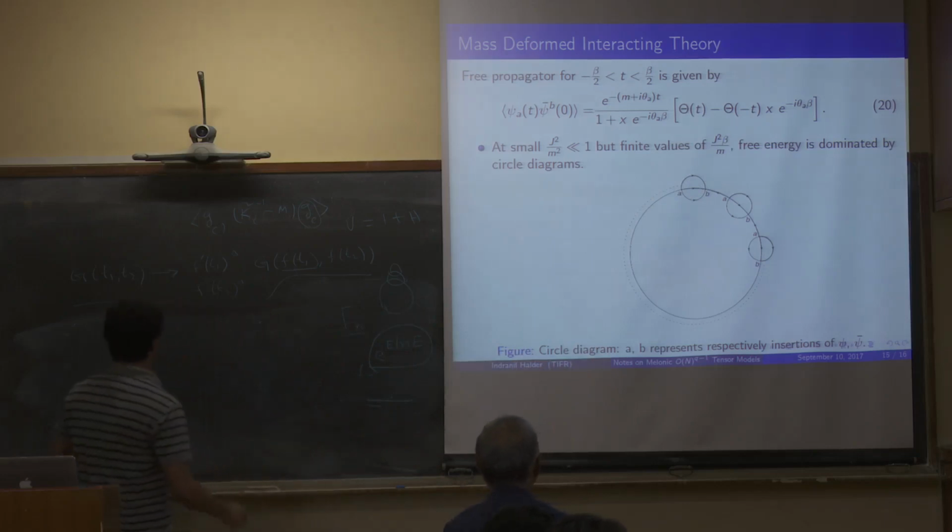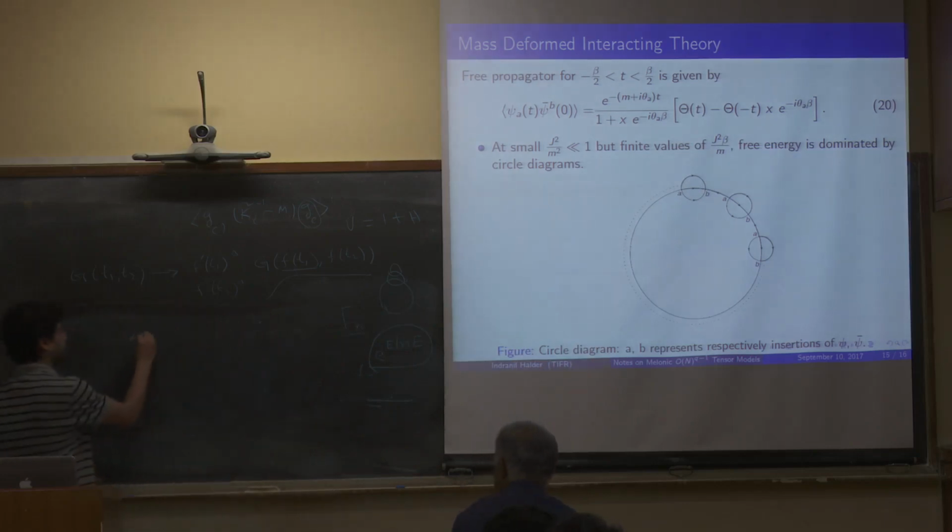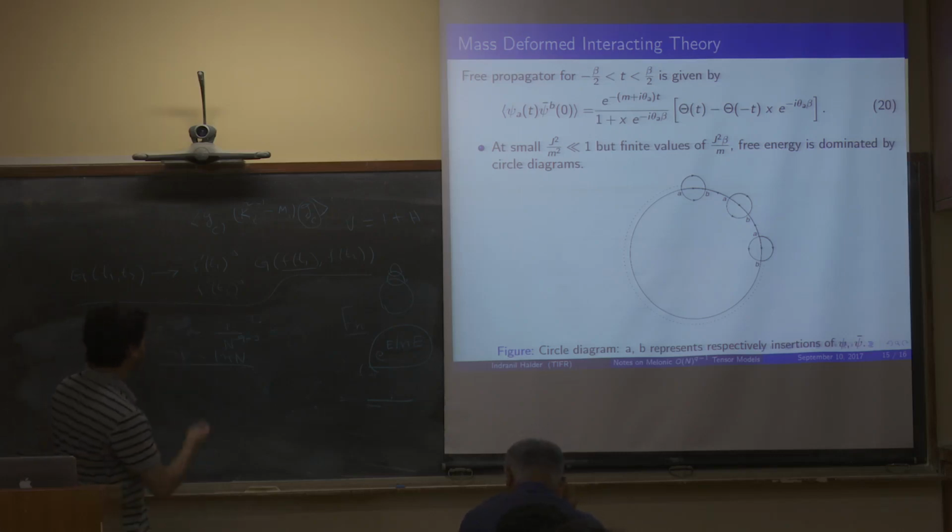In our case, x, which is e to the minus m beta, is scaled like 1 by n to the q minus 3. So m beta is like log n. So the more power of beta you get, the more the diagram will dominate. Then we will search for the diagrams which contribute the largest power of beta.